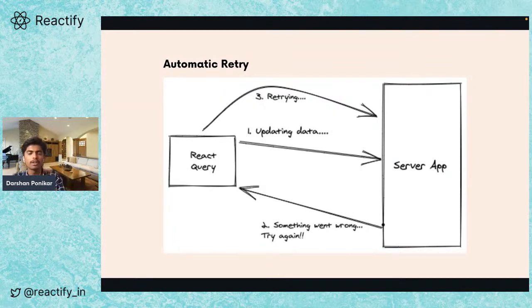But instead, React Query provides you a property called retry. This will refetch your data a given number of times. If you are retrying 3 times, React Query will try to fetch this data 3 times, and then it will show the final message that we failed to fetch your data.